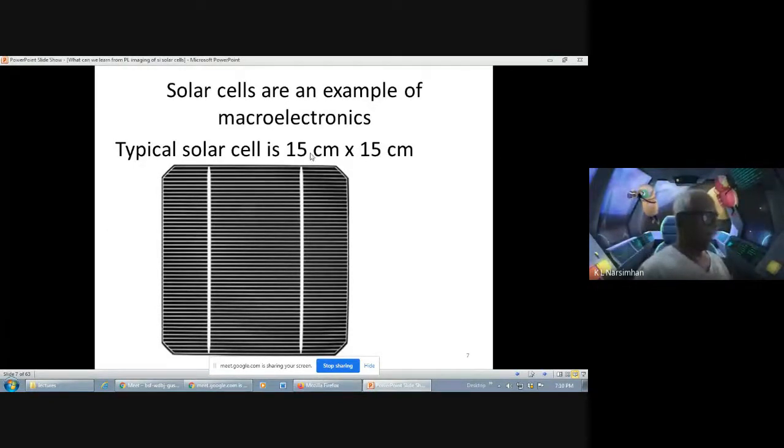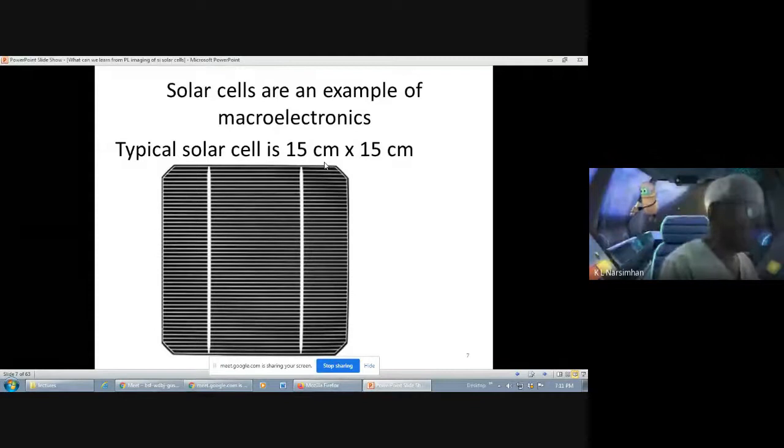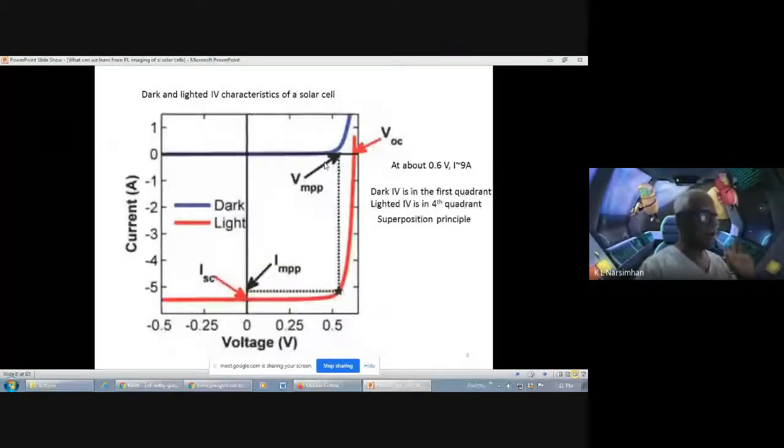A typical solar cell today will have about 15 centimeter by 15 centimeter, and this is just one device. It is not micro, it is macro, and this is one PN junction, and the size of this PN junction is 15 centimeter by 15 centimeter, and today people want to go over to bigger formats like 20 centimeter by 20 centimeter. Okay, so it's macroelectronics. This is what I want you to keep in your mind.